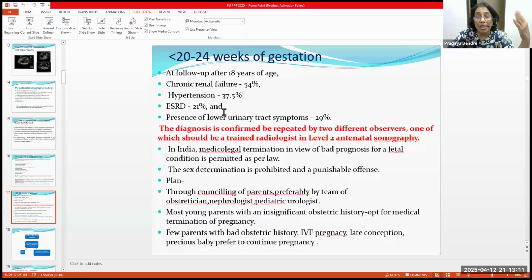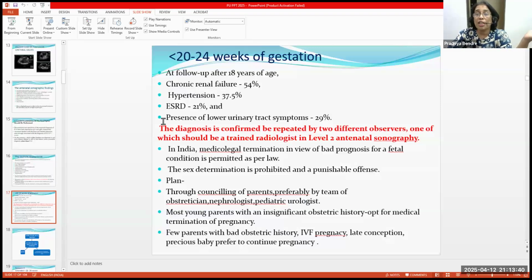Our job, based on the ultrasound provided to us, is to find which findings of poor prognosis are present, whether it is a bad prognosis posterior urethral valve. This is very important to know, because when a patient is referred at 18 to 20 weeks, they have an option of termination. So when do we advise termination?